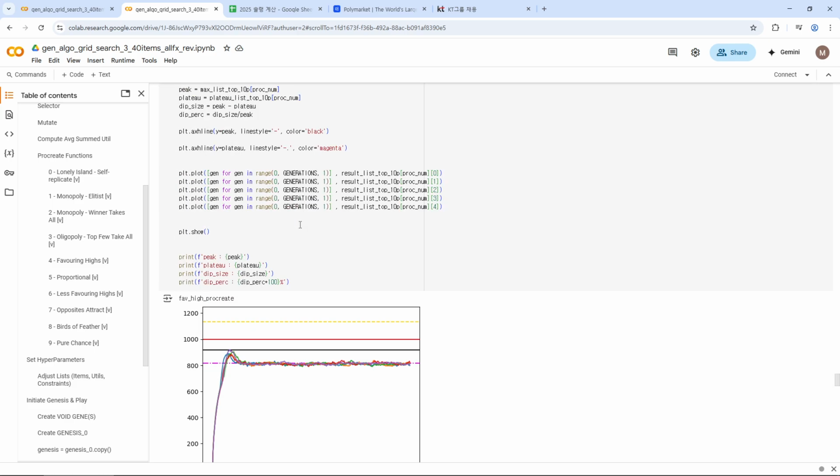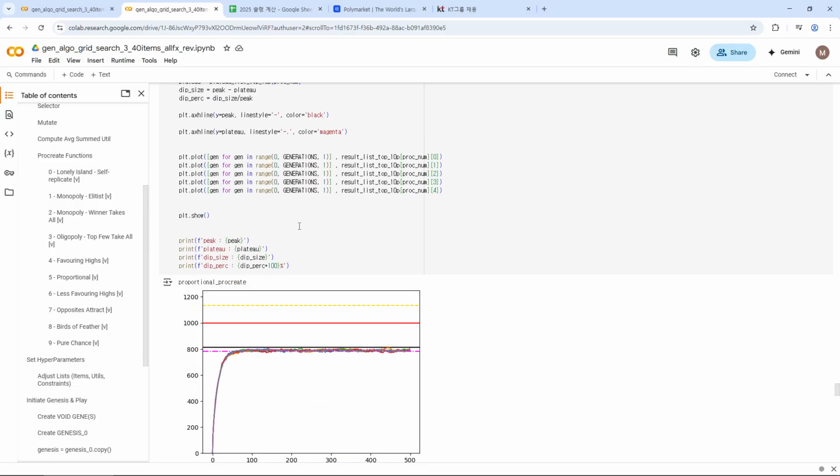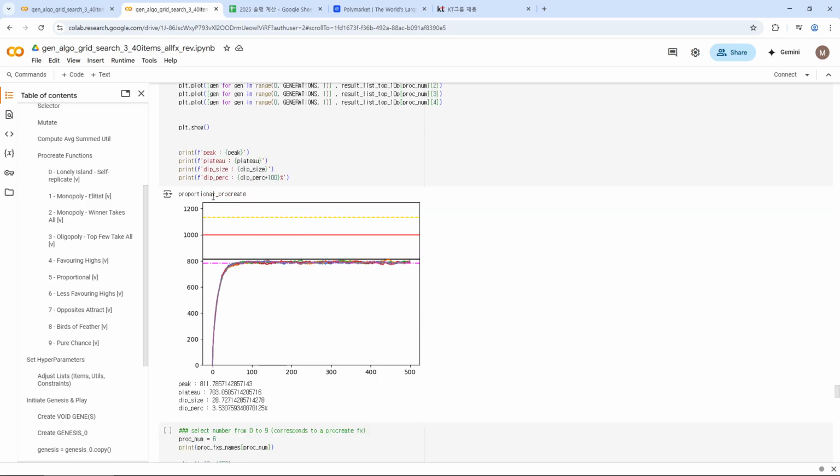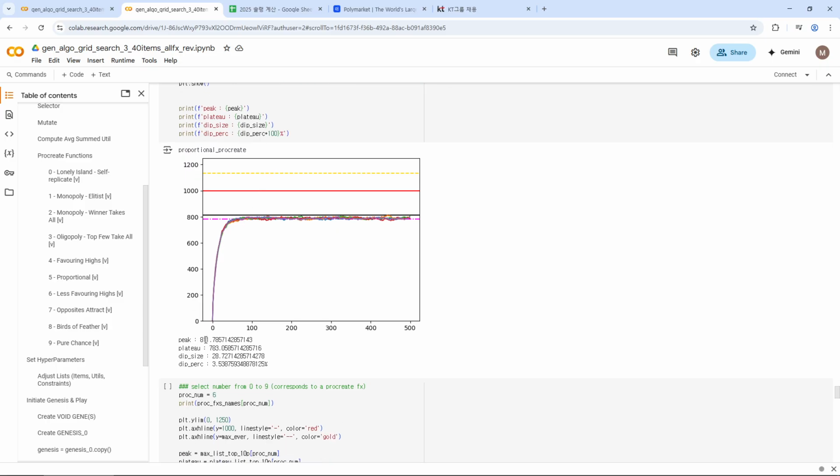So the sixth one is this proportional procreate, and the peak is at 811, so lower than the other ones, or rather the lowest one so far, I think.